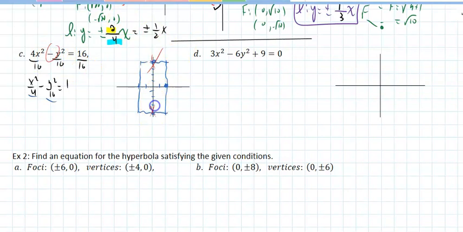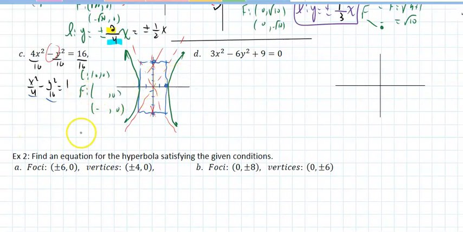There's nothing along the y-axis. So you draw 2 lines passing through the edges of this rectangle. The graph must be wrapped around the x-axis because there's a negative in front of the y. There it is. So the center is at 0, 0. The foci are along the x.